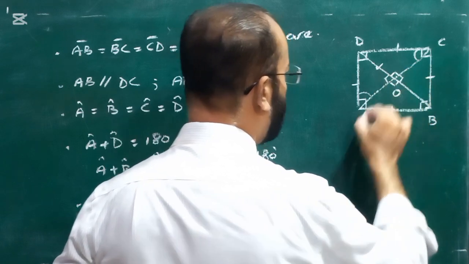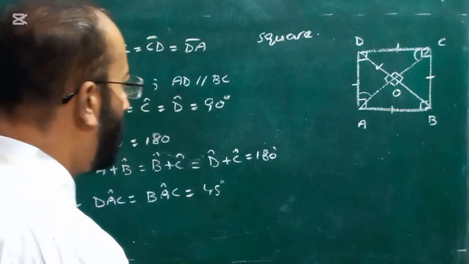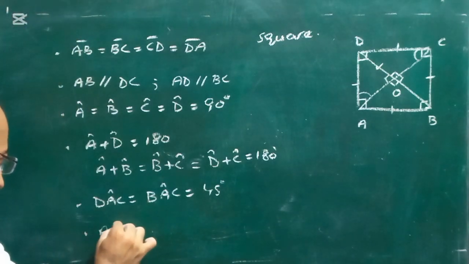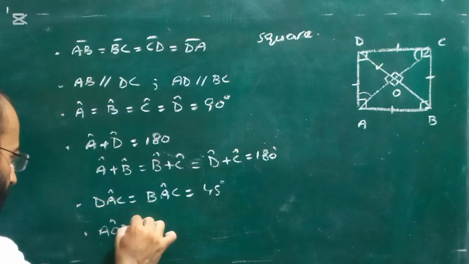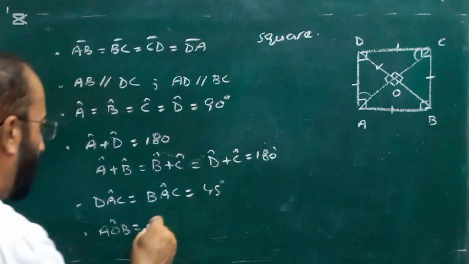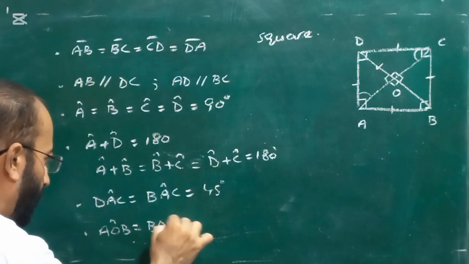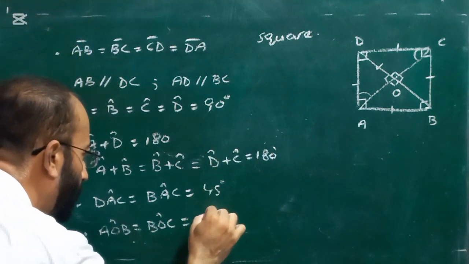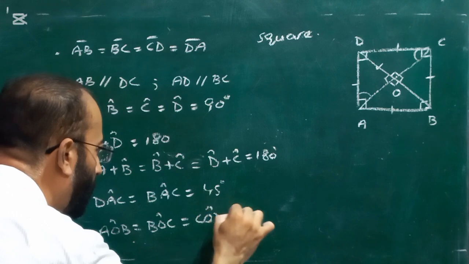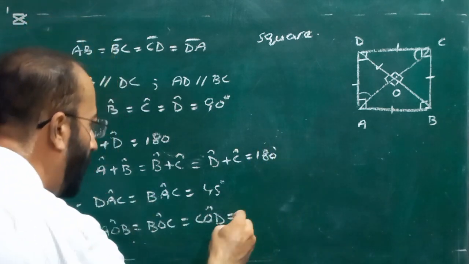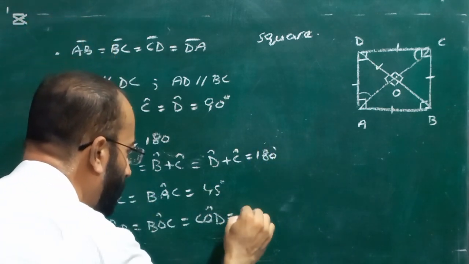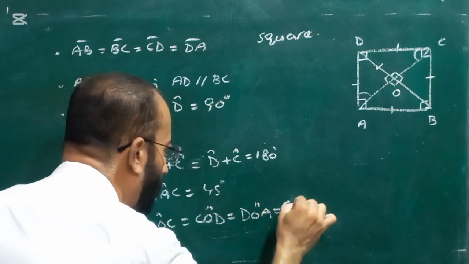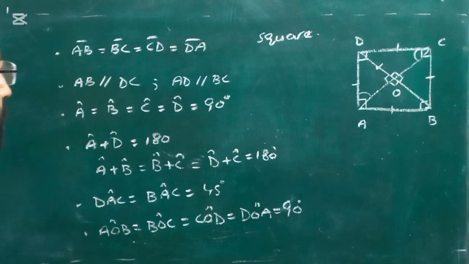If the diagonals cut each other at O, it means AOB is equal to BOC is equal to COD is equal to DOA, and all are equal to 90 degrees.